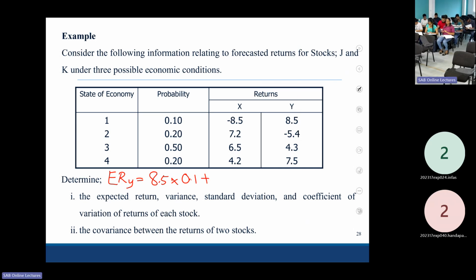I am writing for the stock Y. Forecasted return under state of economy 2, minus 5.4, its probability 0.2, plus, if state of economy 3 occurred, your forecasted return is 4.3, probability of happening that is 0.5, plus forecasted return under state of economy 4 is 7.5 into its probability 0.2.